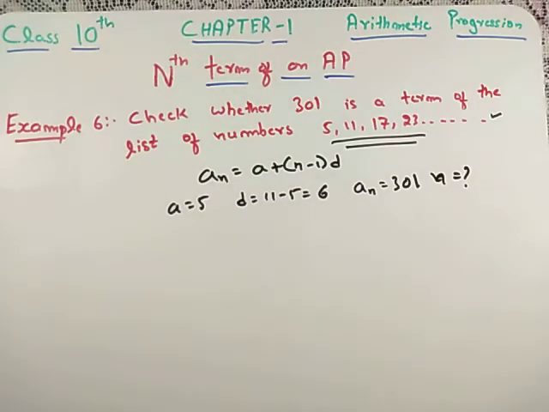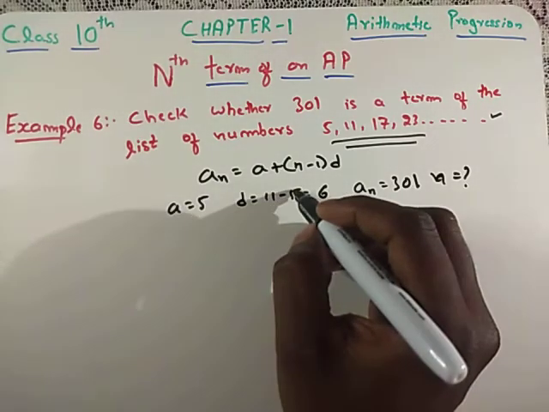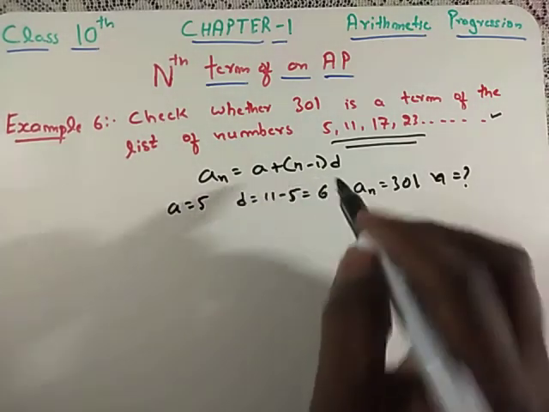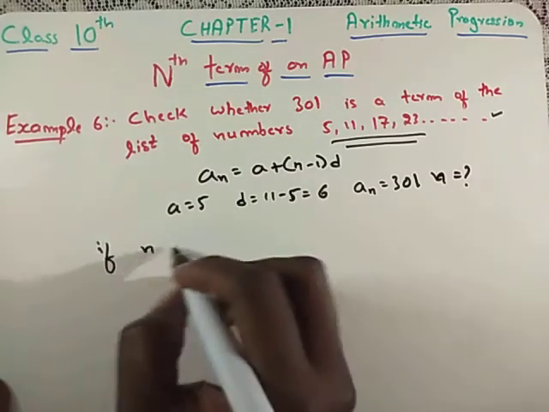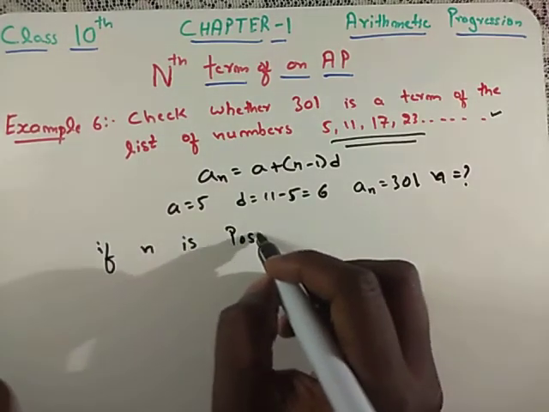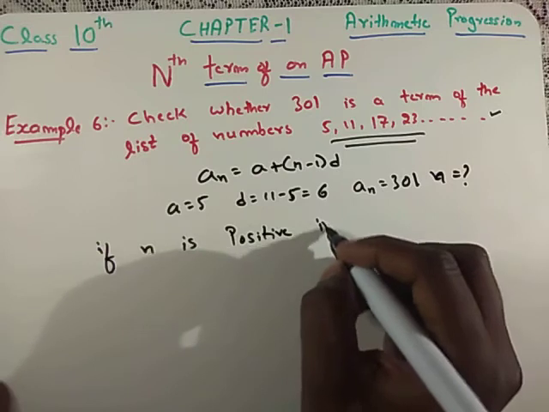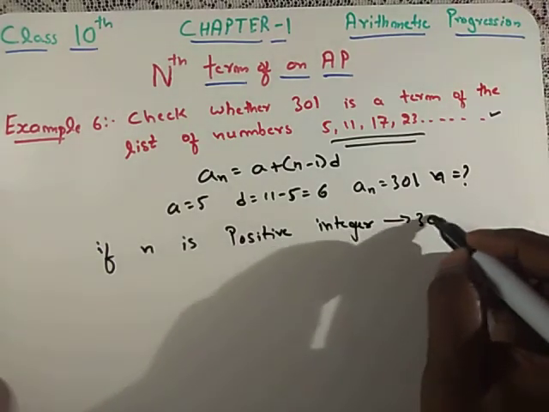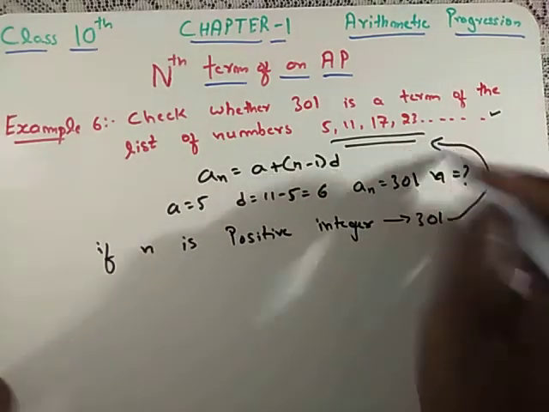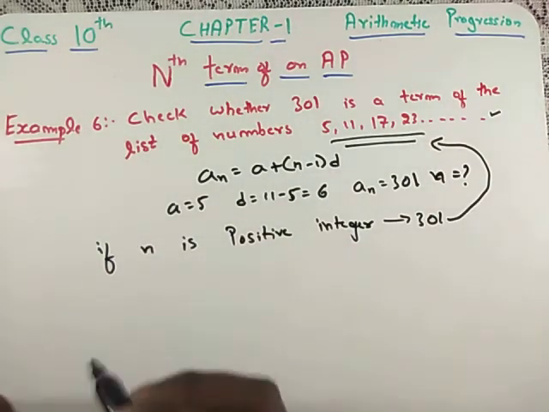After substituting all these values in this equation and finding the value of n, we have to check the condition: if n is a positive integer, then 301 will be a term of this arithmetic progression.